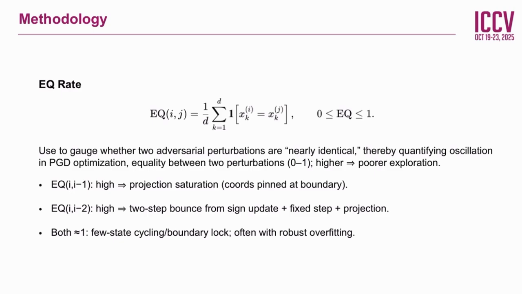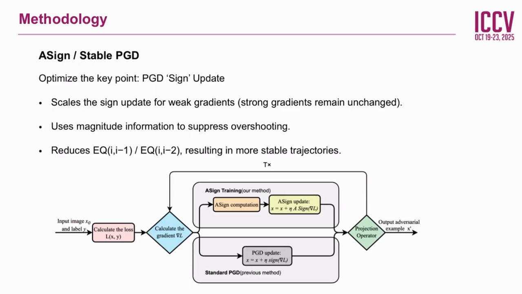The EQ rate measures the equality between two perturbations, where a value closer to 1 indicates high similarity, while a value close to 0 indicates more diverse perturbations. Put simply, we try to quantify the oscillation.